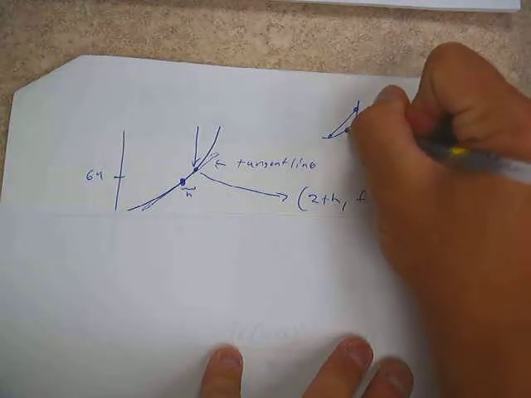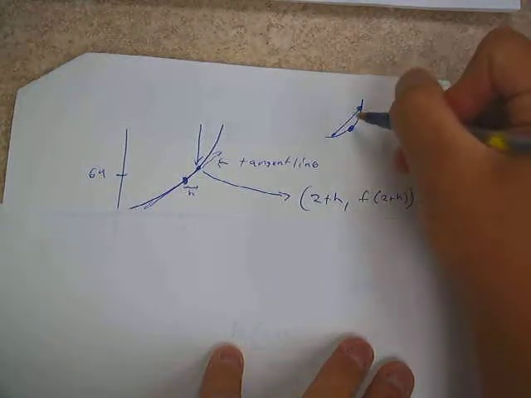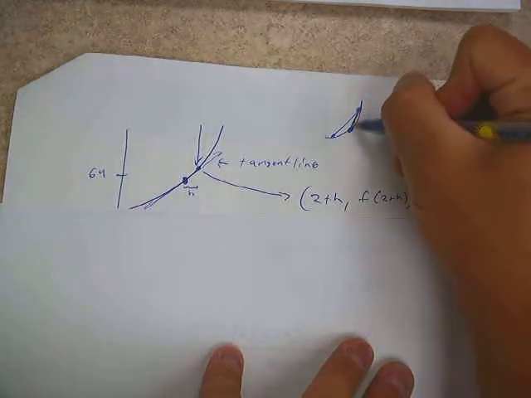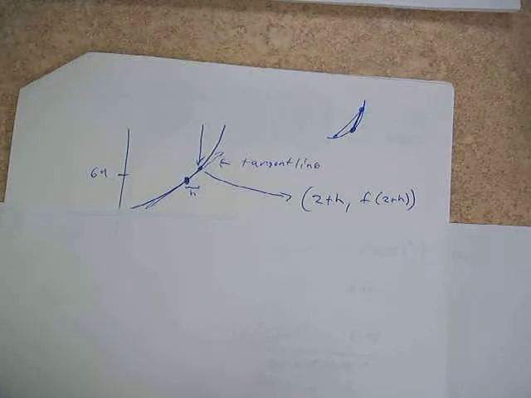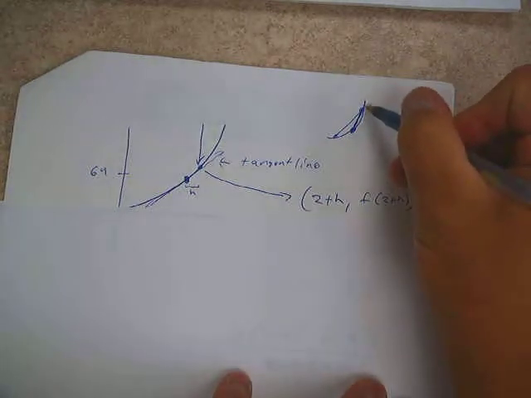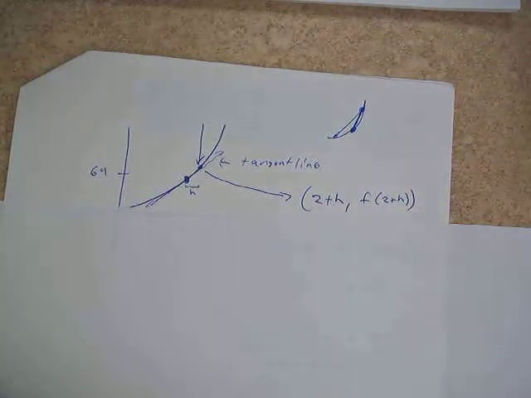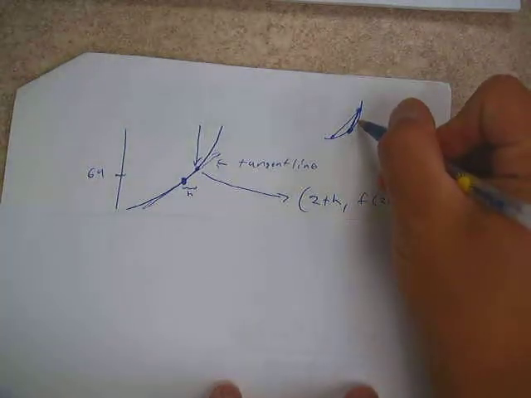True? So instead of using 0, 0, and 264 to try to figure out the slope at that particular point, what if we used a different point, like 1? If we used 1 and 264, now look at that slope. How does that slope compare to the previous slope? Steeper. True?